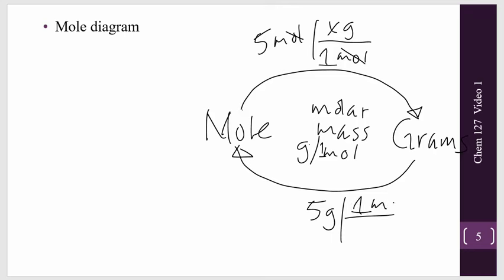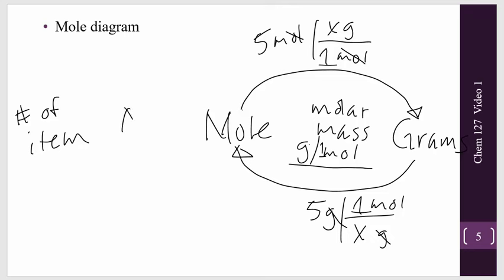We also know that moles contain numbers of items. So we can convert between a number of moles and then the number of items there. And the conversion factor to do that is Avogadro's number. So I'm going to just abbreviate this N. So between moles and number of items, let's say again that we have 5 moles of something.